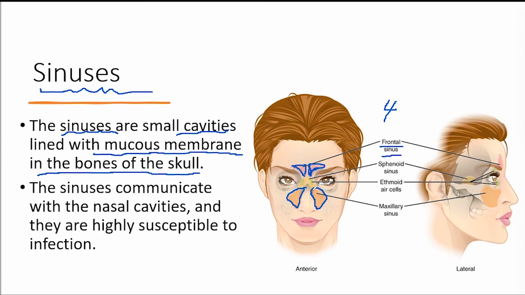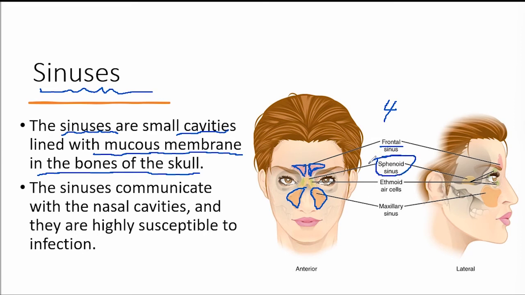Remember, sinuses are spaces inside the bone, but they open to the nose. These two pairs are bigger and more superficial. Then we have another two pairs, which are deeper.